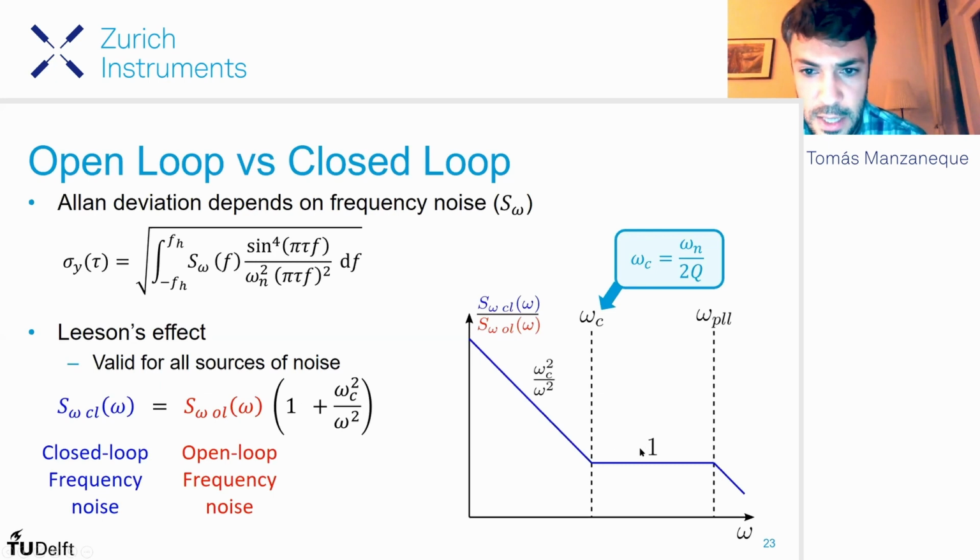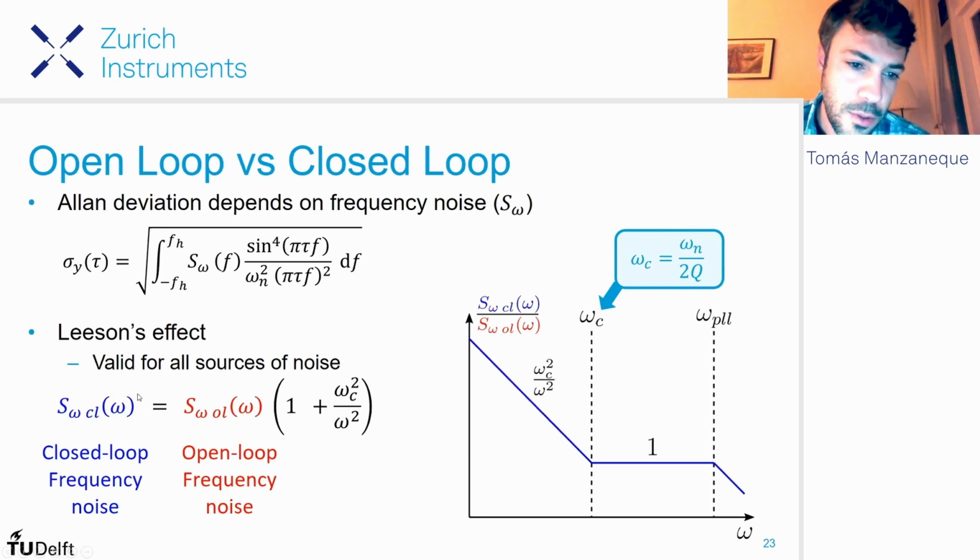And we have that for frequencies above the characteristic frequency of the resonator, the frequency noise in closed loop is exactly the same as the frequency noise in open loop. But for frequencies smaller than that, the frequency noise in closed loop is bigger by this factor that you have here, which is frequency dependent. So this is why open loop and closed loop don't give the same Allan deviation.